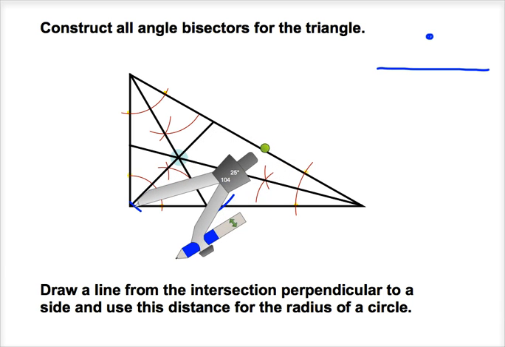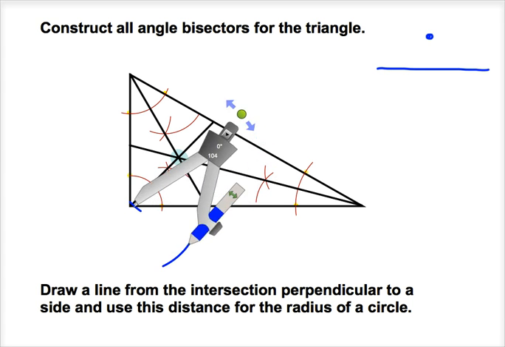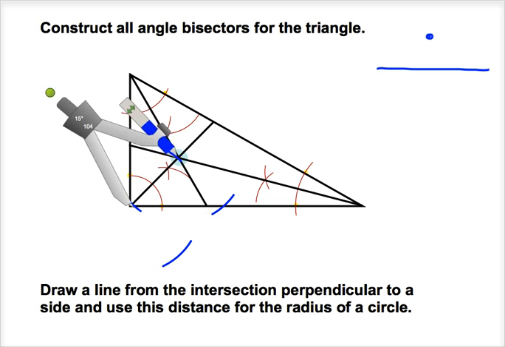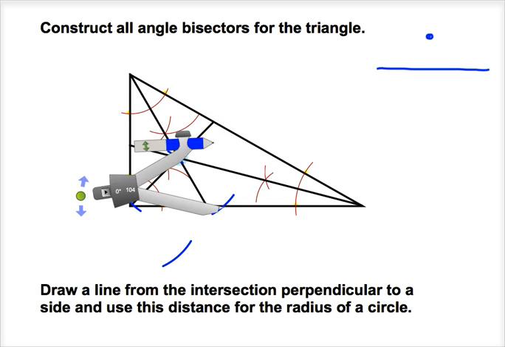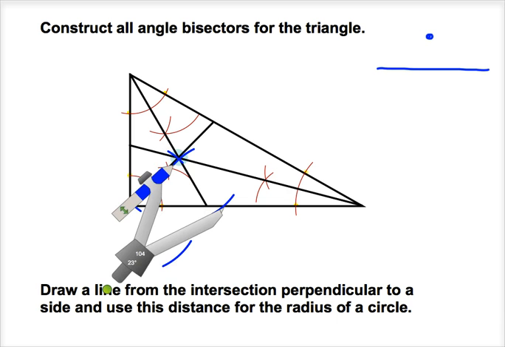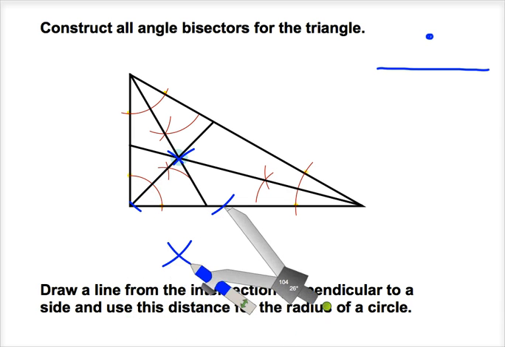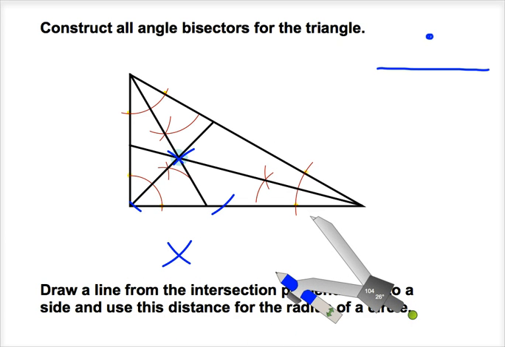Then from each of these new locations I swing an arc, one below the triangle, and one up above, since I haven't made any changes, should go right through the point that I care about. Then doing the same thing from the other side, swinging an arc up above and an arc down below. And if I connect that together, I know that this is now perpendicular to the side of the triangle.